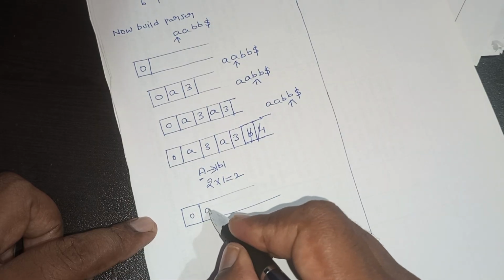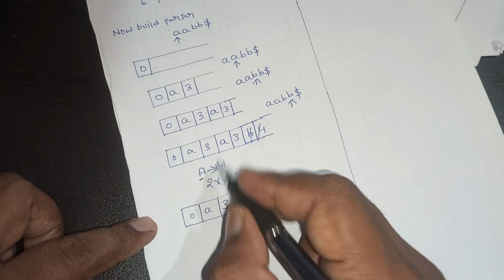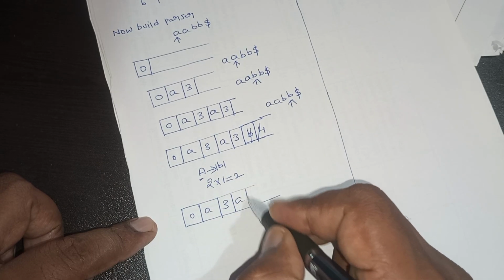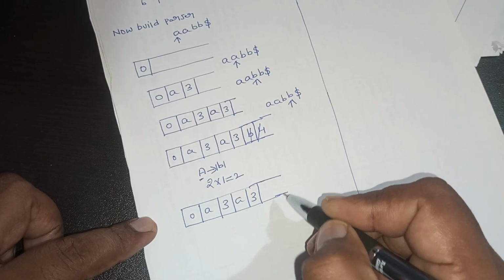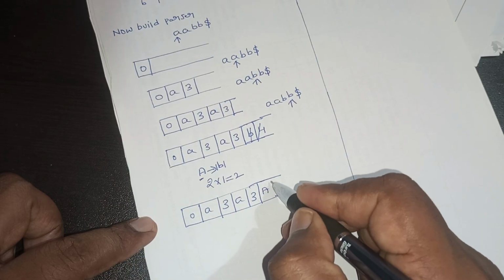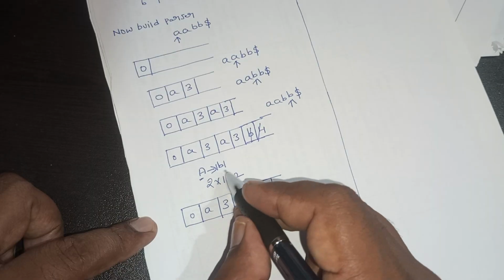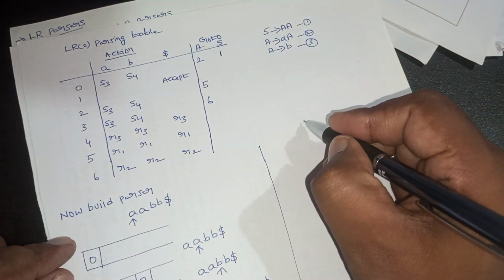The stack is 0 A3 A3. What I have to push is A into the stack. Now reduce. Reduce means this is actually my output.